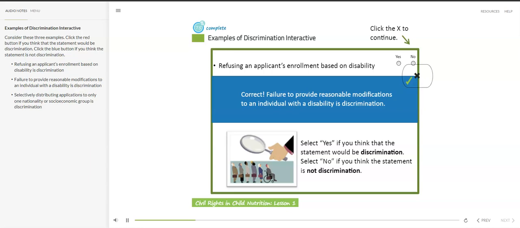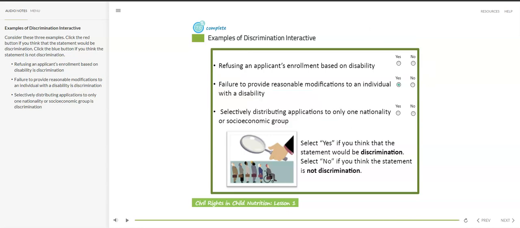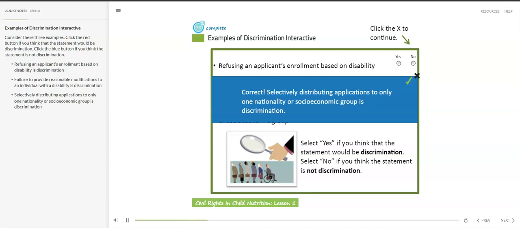Correct. Failure to provide reasonable modifications to an individual with a disability is discrimination. Click the X to continue. Correct. Selectively distributing applications to only one nationality or socioeconomic group is discrimination. Click the X to continue.